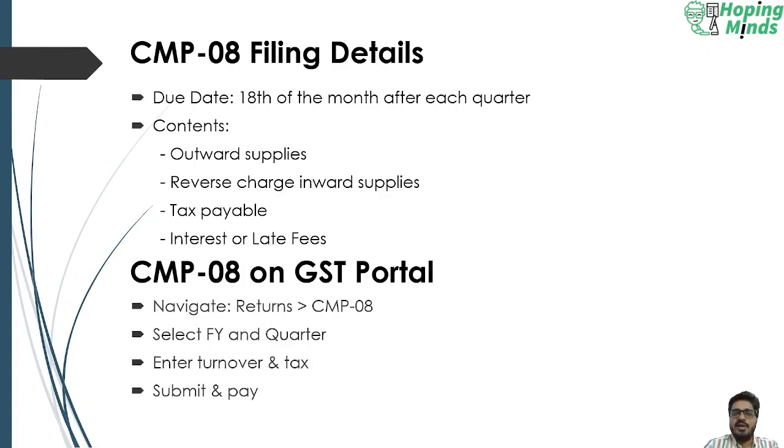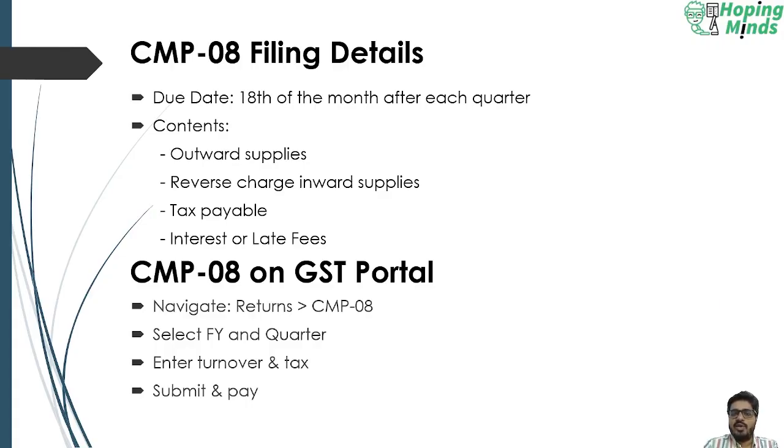Then tax payable. So the taxes on the total turnover plus the reverse charge inward supplies are required to be disclosed in the CMP-08 return, and interest or late fee due to late filing of the previous period's return or late payment of taxes is required to be declared in CMP-08.